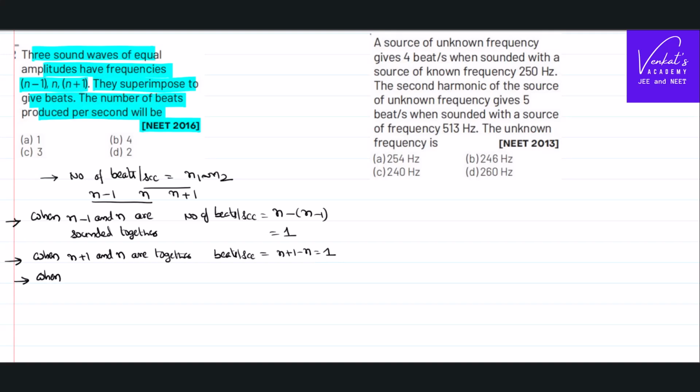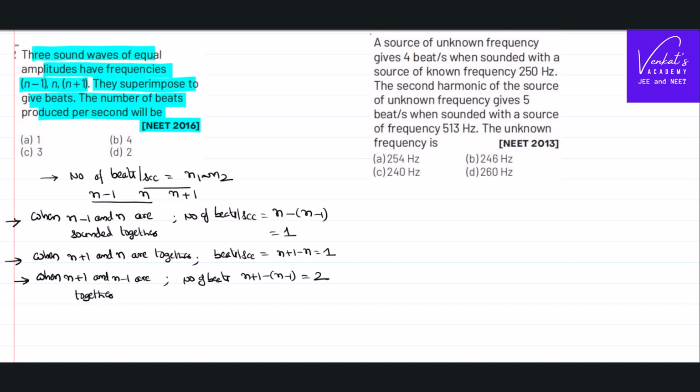And when n plus 1 and n minus 1 are sounded together, the number of beats heard is n plus 1 minus (n minus 1), which equals 2.